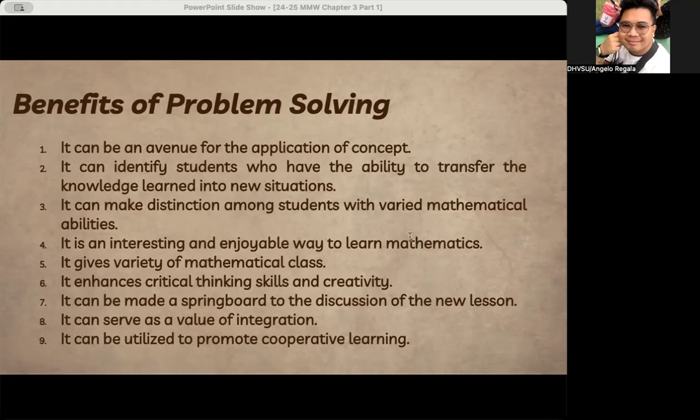Okay? Then, as a teacher, we would be able to identify kung sino ba sa inyo yung madaling makapick up and madaling magamit yung mga concepts na yon in new situations. Okay? It can make distinction among students with varied mathematical abilities. Ma-identify namin kung saang level ka na or ano yung mga abilities mo base dun sa mga problems na ibinigay sa inyo.